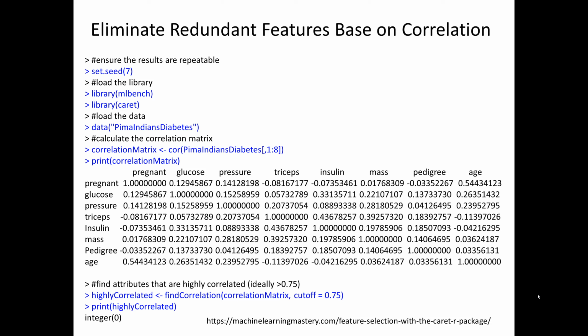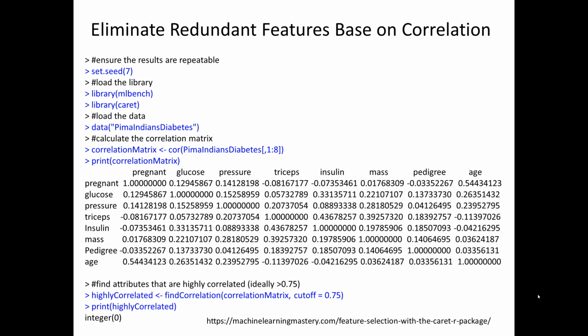However, as was the case with PCA, you have to be careful in applying this method. One way of removing redundant features is to remove features that are highly correlated. For example, if attributes have an absolute correlation of 0.75, and I use the word absolute because that can be plus or minus 0.75, or higher, you could consider removing one of them.